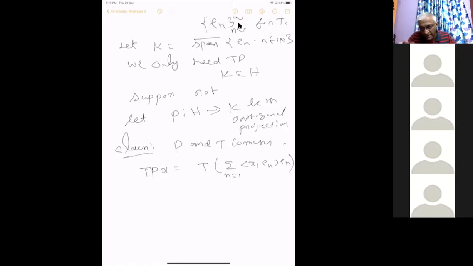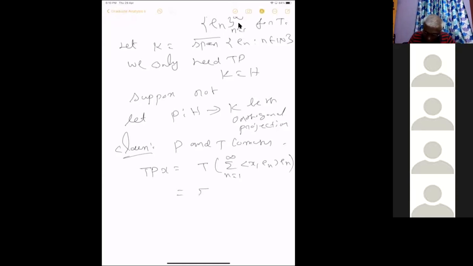Once you apply this projection P, it will kill the part in the orthogonal complement, and you will only get the part which is in K, which can be written using this orthonormal basis. Okay, that's what it is. I don't want to write the whole detail. I believe it's clear. Okay?